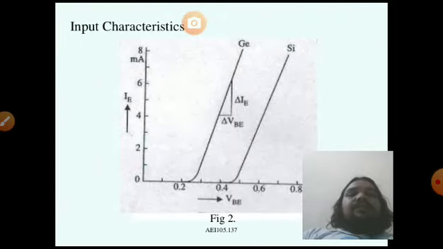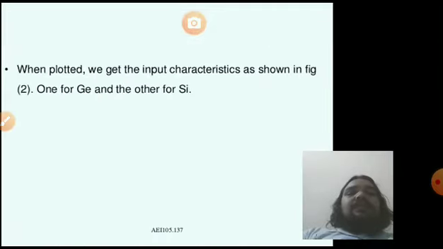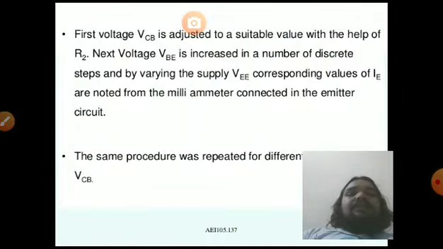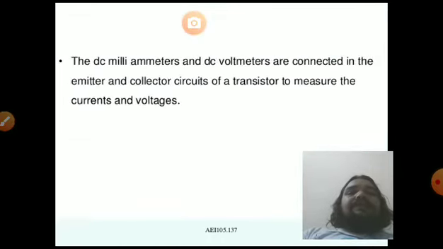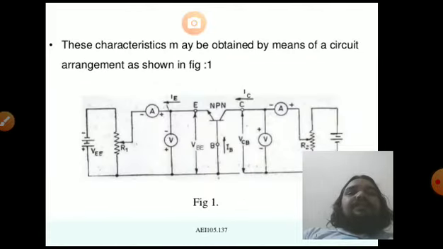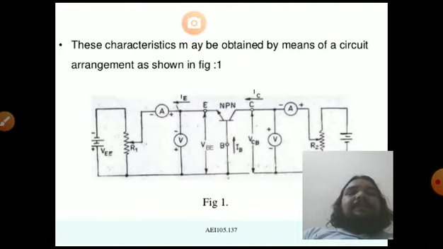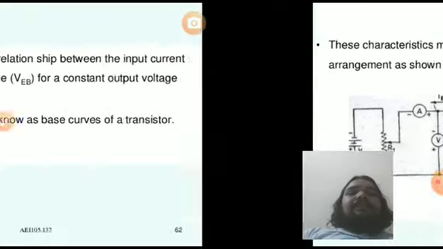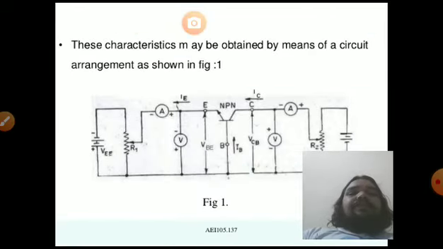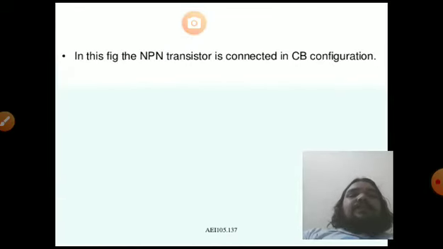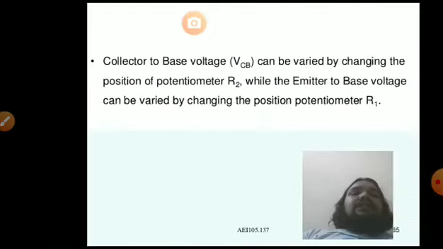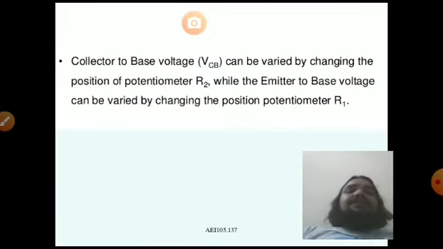This is the input characteristics of the common base configuration. In this figure, an NPN transistor is connected in common base configuration.